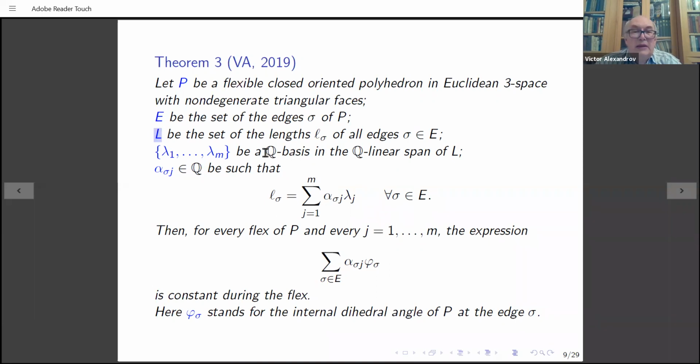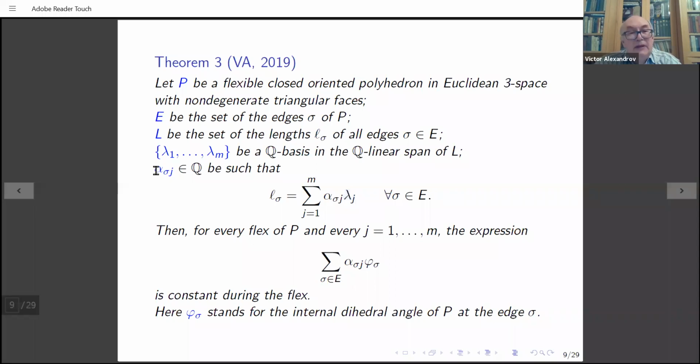What does it mean that it is a Q basis? It means that we can write such a formula: L sigma is equal to the sum of some rational numbers multiplied by the elements of the basis.